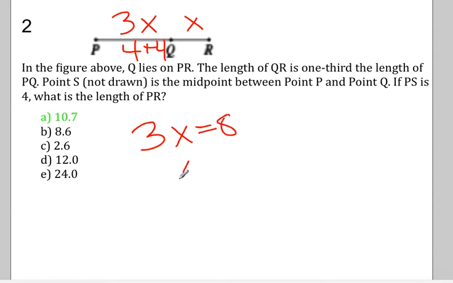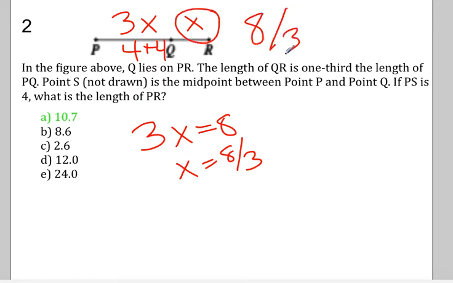And when you get x by itself, it's going to be 8/3. So that just means this part here is 8/3, and this part here is 8 like we already figured out. So it's 8 plus 8/3, or 8 plus 2.6666, right? And that's going to be 10.66 repeating, so 10.7.